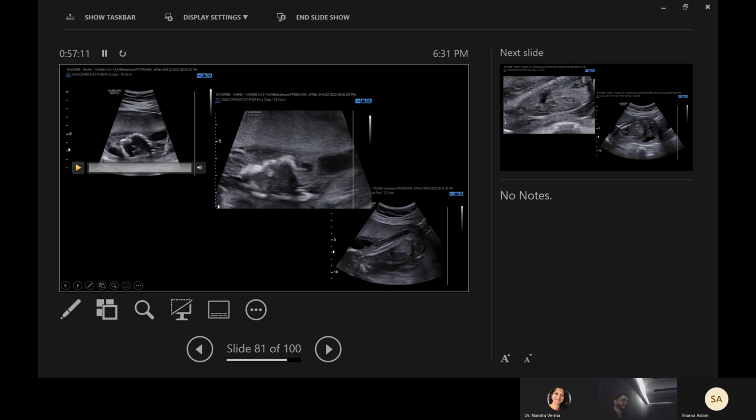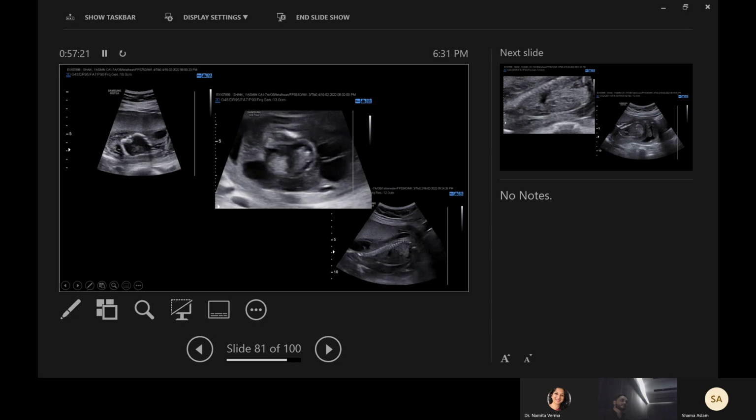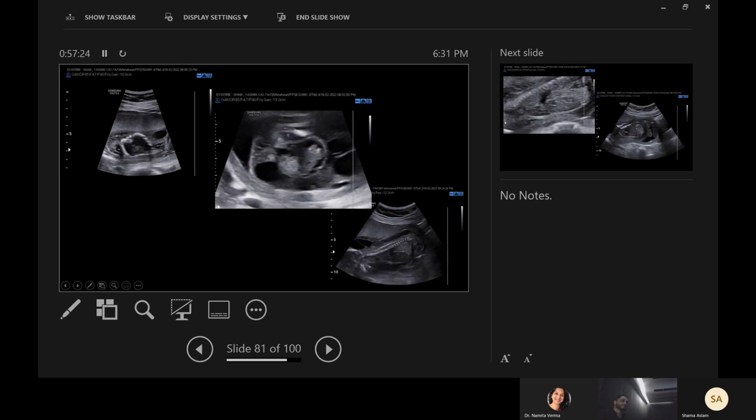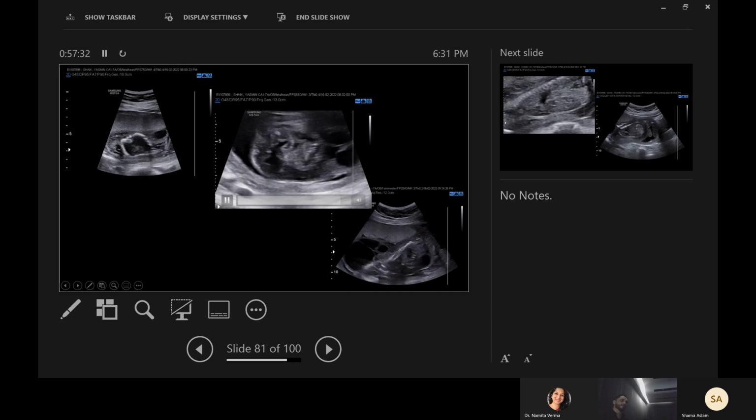So you can tell from here also any more findings. Heart totally compressed because of extensive effusion. Fetal ascites is also there. Yeah, that is the thing.